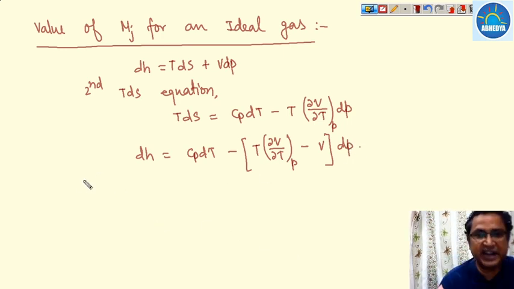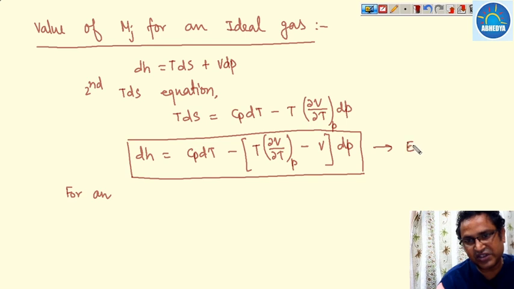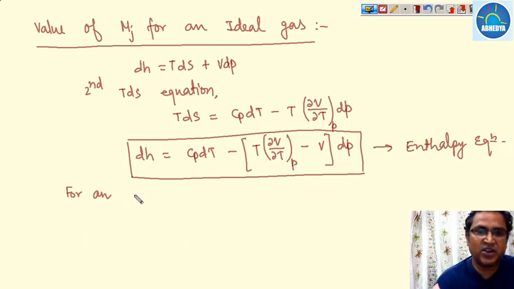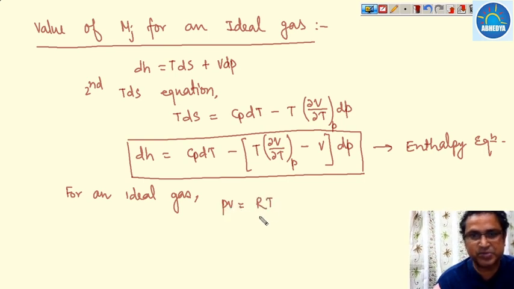This equation is known as the enthalpy equation. Now for an ideal gas, PV is equal to RT, where P is the pressure, V is the specific volume, R is the gas constant and T is the absolute temperature.